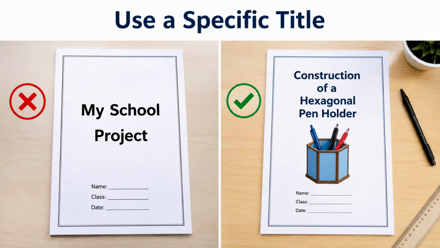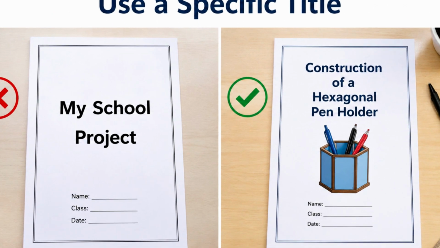You are supposed to use titles like, for example, construction of a hexagonal pen holder. I have used that title because it is a project that was recently given to grade 9 students. You can also use a title like effects of soil erosion in our community, or a title like making a reusable shopping bag. You see, all those are titles that you can use.